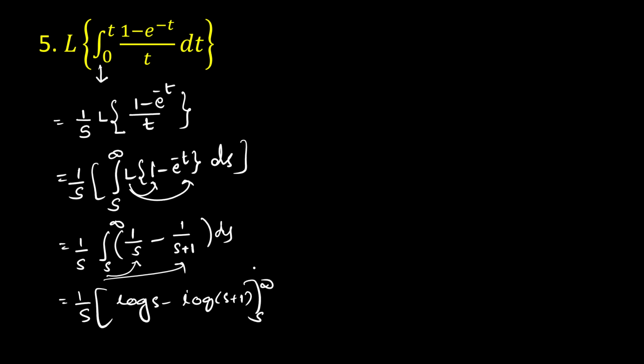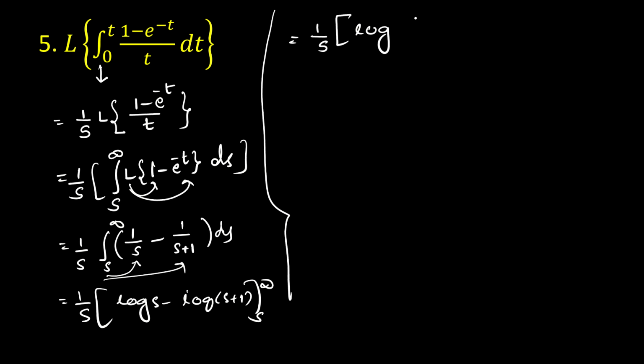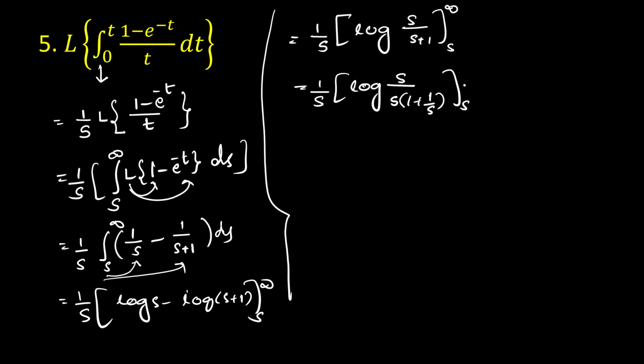Here, s to infinity. Here also we cannot apply the limit directly because we get infinity by infinity form. So log a minus log b is log a by b: s by s plus 1, s to infinity. So 1 by s of, take the highest degree of s common from the numerator. We have only a single term, no need to take common. The denominator has degree of s equal to 1. So we get 1 by s of log of 1 by 1 plus 1 by s.